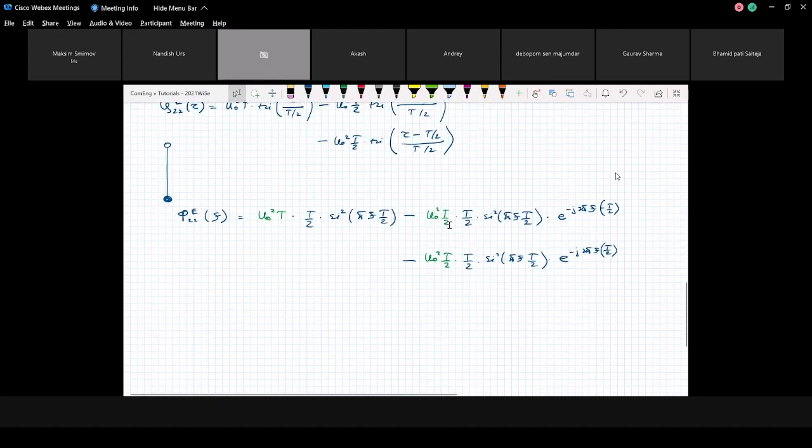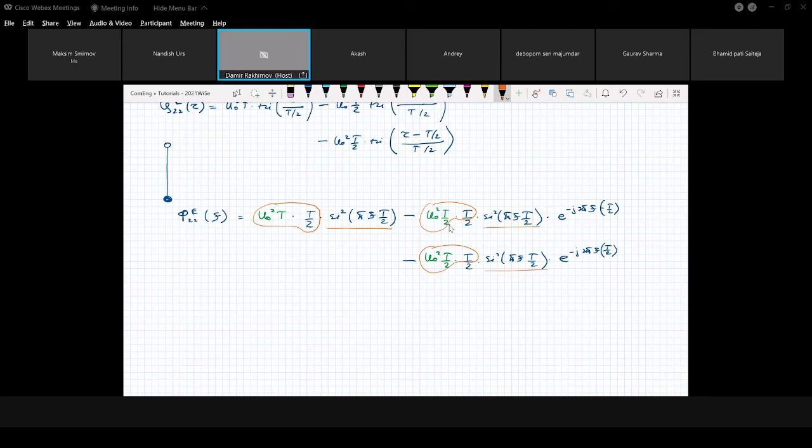Now what we can do, we can see that actually in all three components we have the same part. We have the c square function, we have u0 t squared by 2, and then we have something else. And the rest we can write separately.